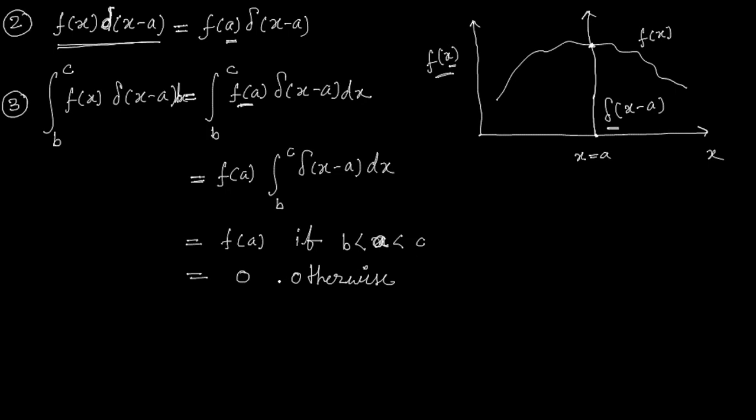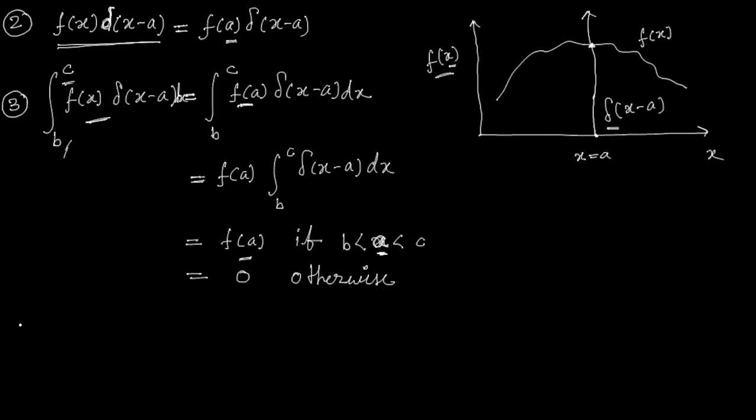Okay. So this integration of f of x delta x minus a will equal f of a when the position of the Dirac delta peak lies inside this limit. If it does not, then the value of this integration will be 0.